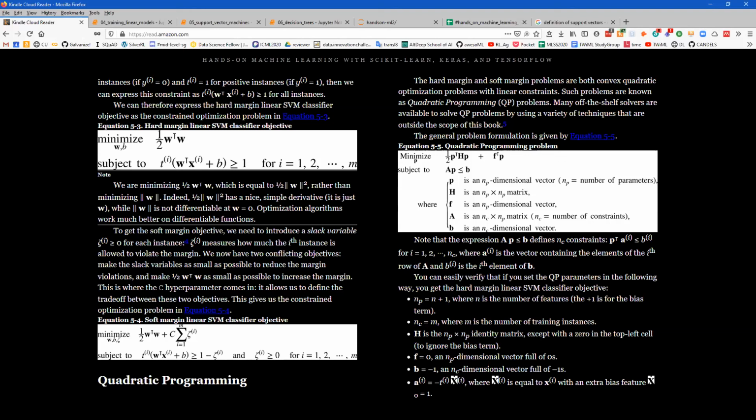Anyone else has any questions? C is a multiplier of the slack variables, which it seems like if you make C large, that means you're penalizing margin violations. But that's the opposite of how it seems to work.